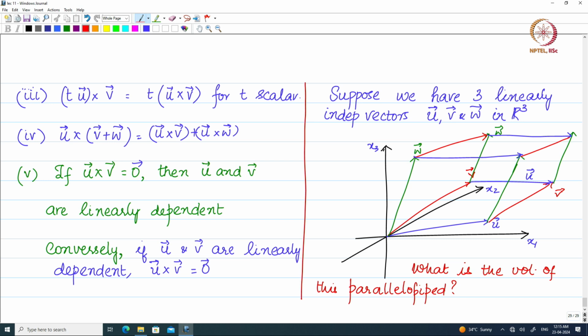So, we have figured out that for 3 linearly independent vectors, the geometry formed is a parallelepiped. The question is, what is its volume? We will look at the idea of the volume of a parallelepiped, and also at the idea of lines in 3 dimensions.